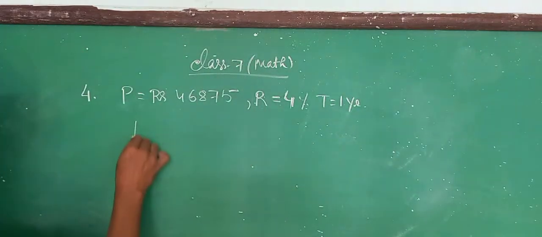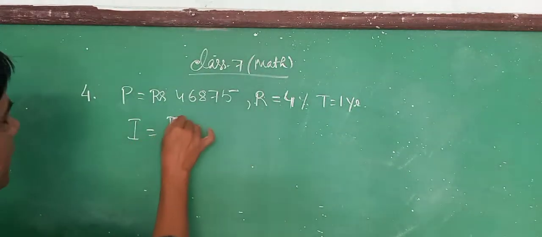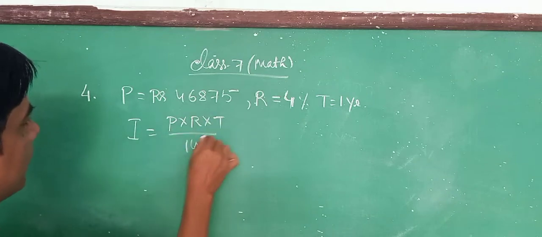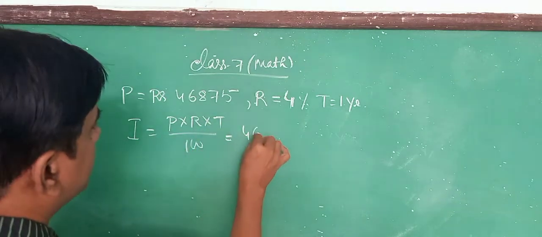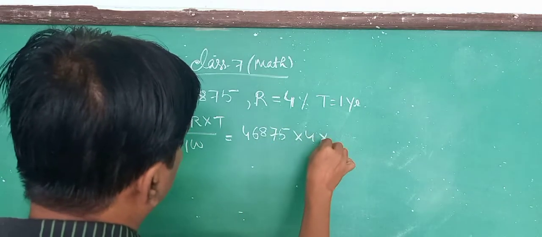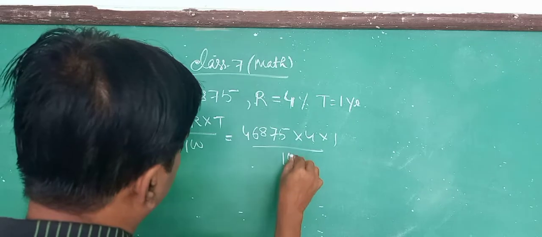Now we use the formula I is equal to P into R into T by 100. That is 46875 into 4 into 1 by 100.